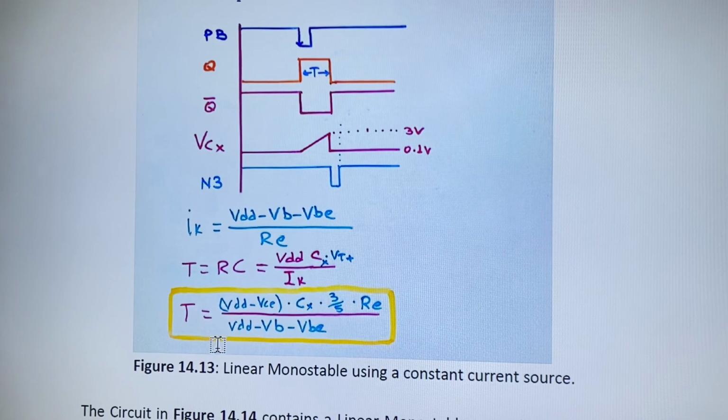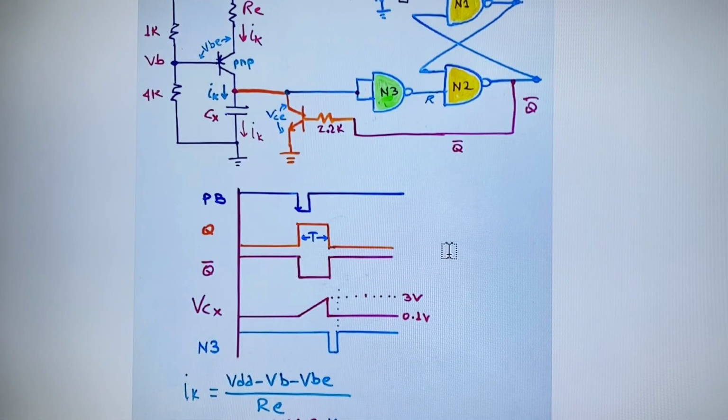And so we substitute the constant current here, and we get finally this equation. Of course, I'm considering the collector-emitter, we can say parasitic voltage. So this is the timing for this monostable.